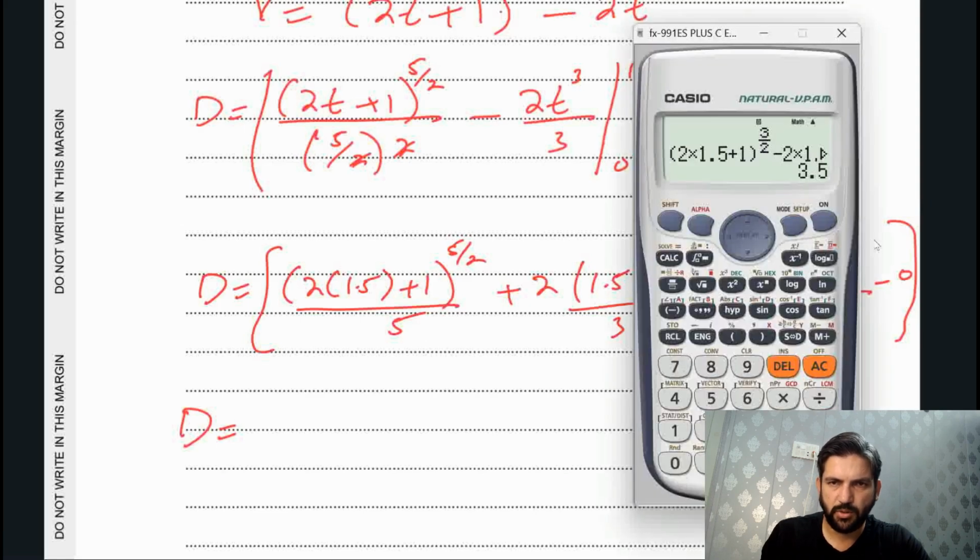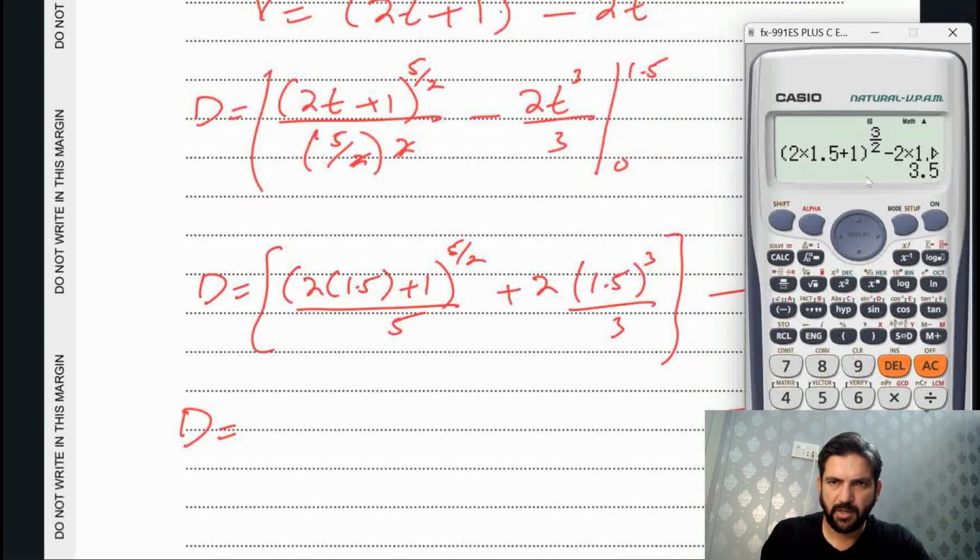Now what we need to do is we need to calculate it. We need to find out the first part using the calculator, that fraction brackets 2 into 1.5 bracket close plus 1 bracket whole power 5 by 2, whole divided by 5 plus fraction 2 into bracket 1.5 whole cube divided by 3.